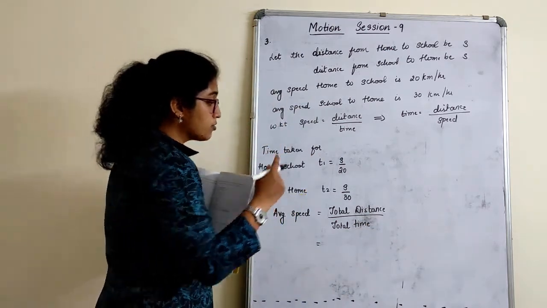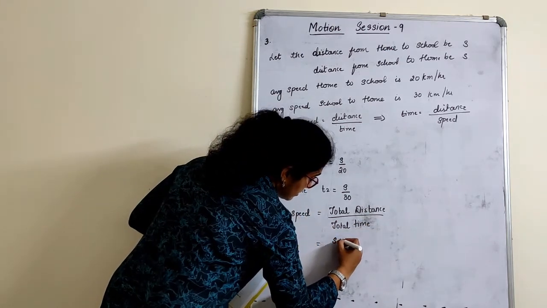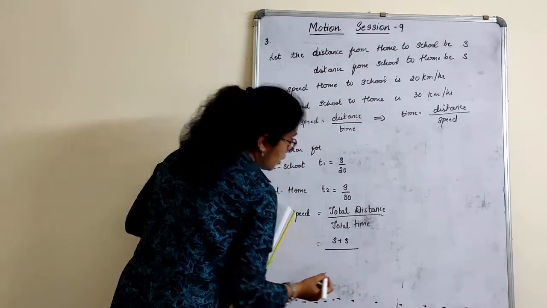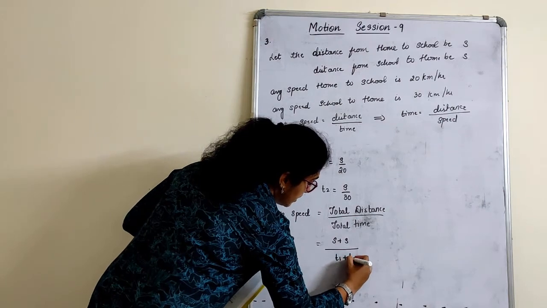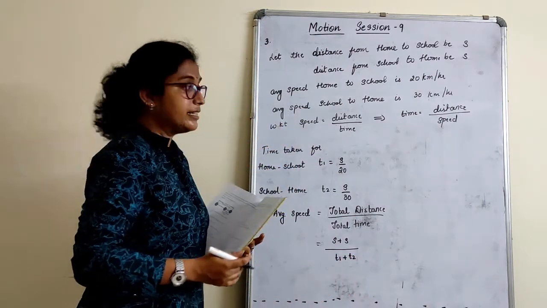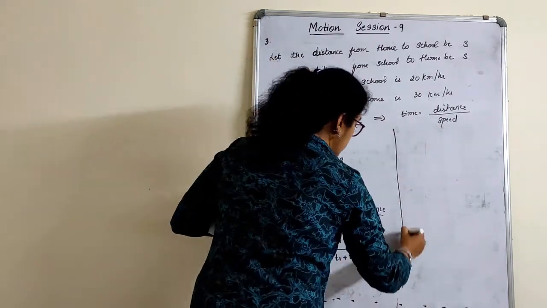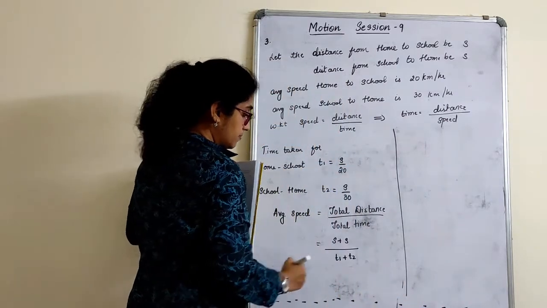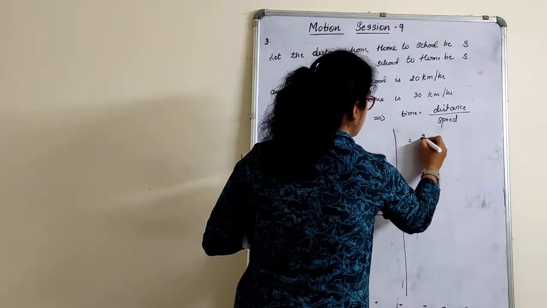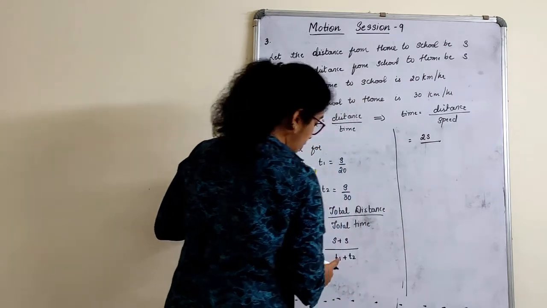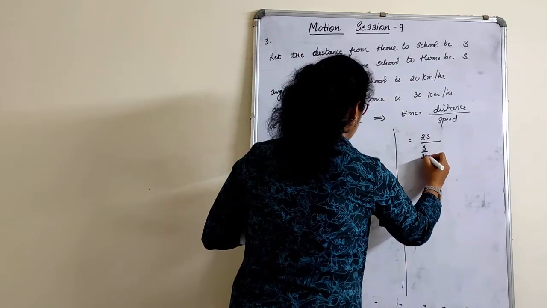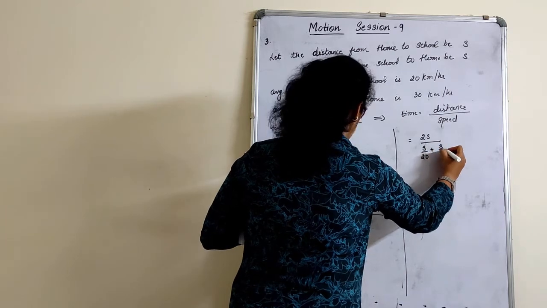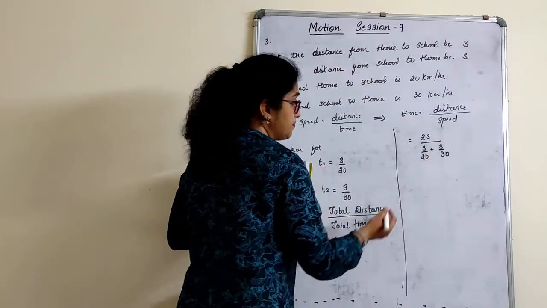From home to school and school to home it is S plus S. What is total time taken? It is T1 plus T2. Right? So let's substitute. This is 2S upon, what is T1 and T2? T1 is S by 20 plus S by 30.